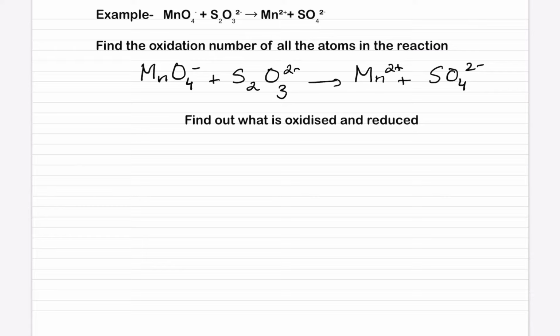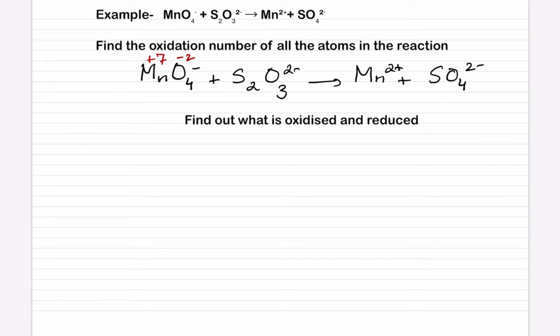If you're not familiar with finding the oxidation number, you can watch some of my previous videos. Now, oxygen in MnO4 will have a charge of minus 2. Manganese therefore will be plus 7.